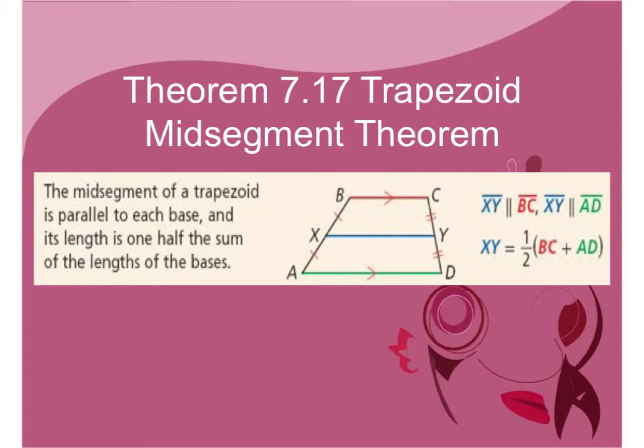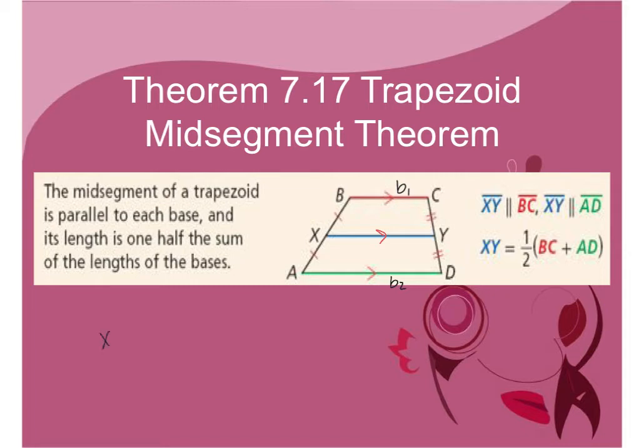So we know that this is parallel. So go ahead and put a parallel mark on it. And now the other piece of information is that it's also 1/2 the sum of the two bases. So let's label this B1 and let's label the bottom one B2, for base 1 and base 2.